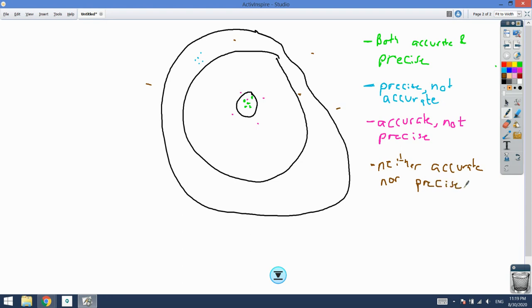So how do we measure accuracy and how do we measure precision? That's a good question.